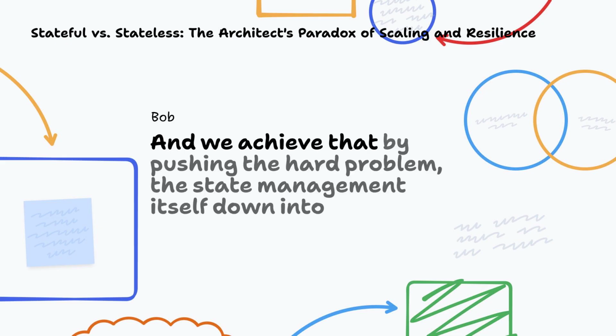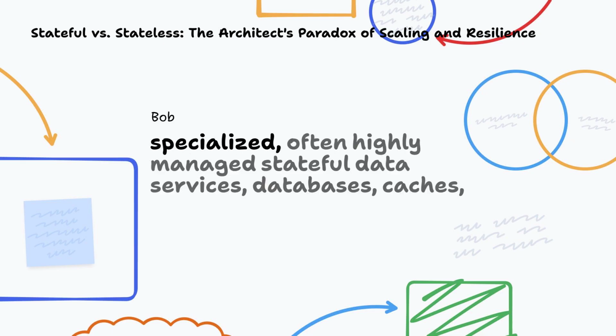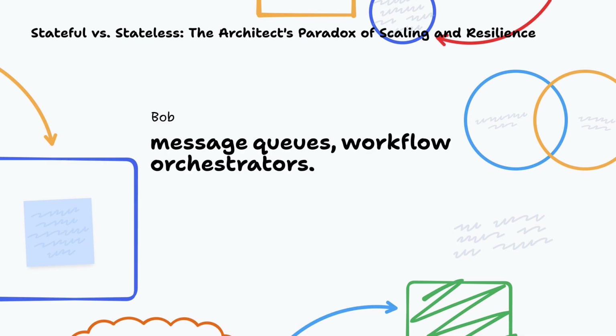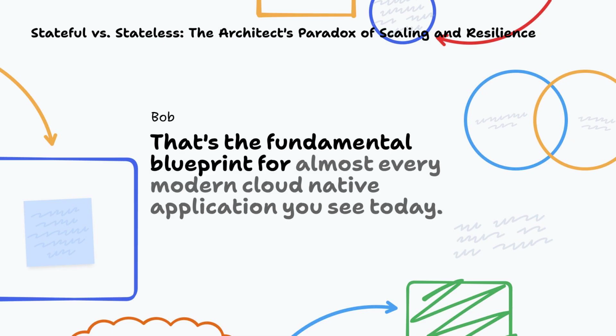Exactly. And we achieve that by pushing the hard problem, the state management itself, down into specialized, often highly managed stateful data services: databases, caches, message queues, workflow orchestrators. That's the fundamental blueprint for almost every modern cloud-native application you see today.